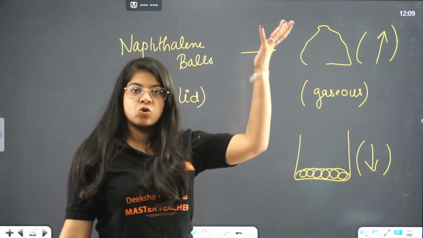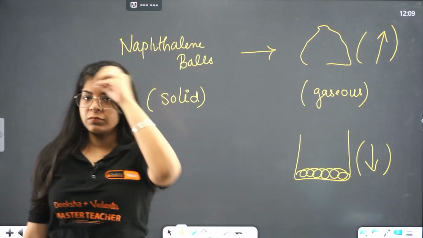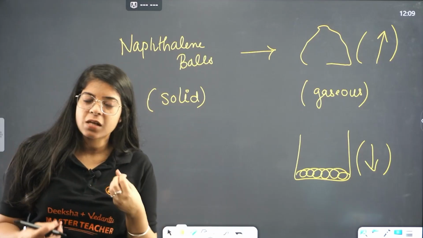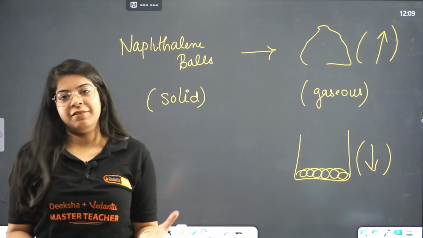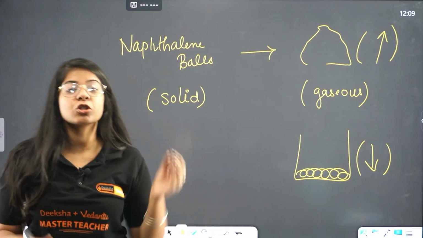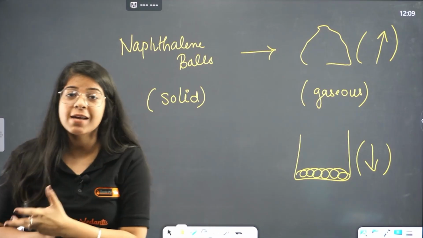Gas obviously goes up, so an upward arrow for gas and a downward arrow for precipitate. This is how you make your chemical equation a little bit more informative. You are telling now about the state of the reactants and the products as well.